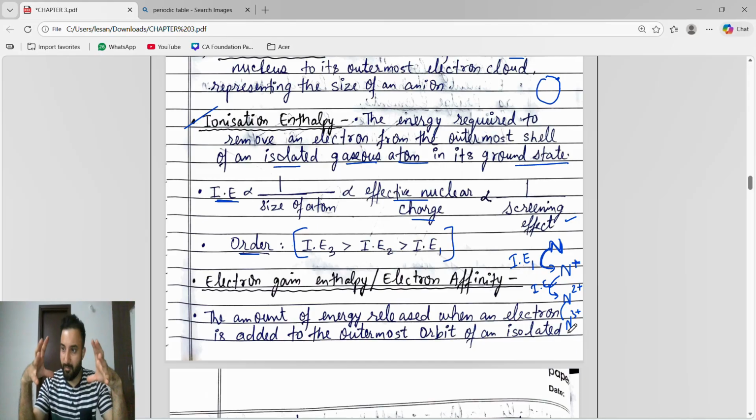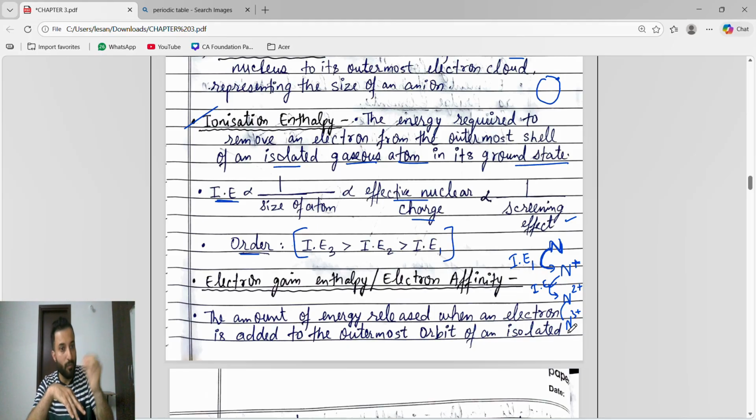If the size is bigger, the force of attraction between the nucleus and the outermost electron is very less because of the shielding effect. So it is very easy to remove the electron.